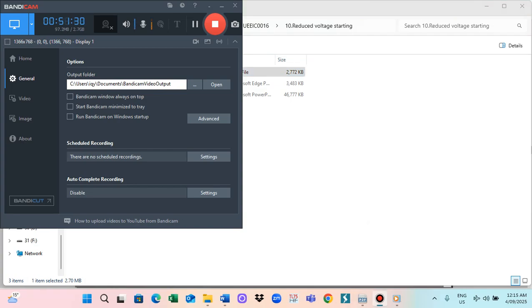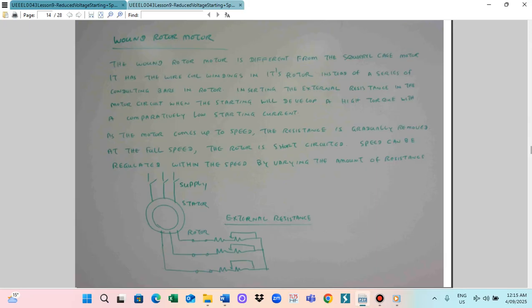For the three-phase induction motor, for the big motor, we should use reduced voltage starting. Reduced voltage starting means at the starting time we provide less voltage to the stator, so that this way you can reduce the motor starting current.